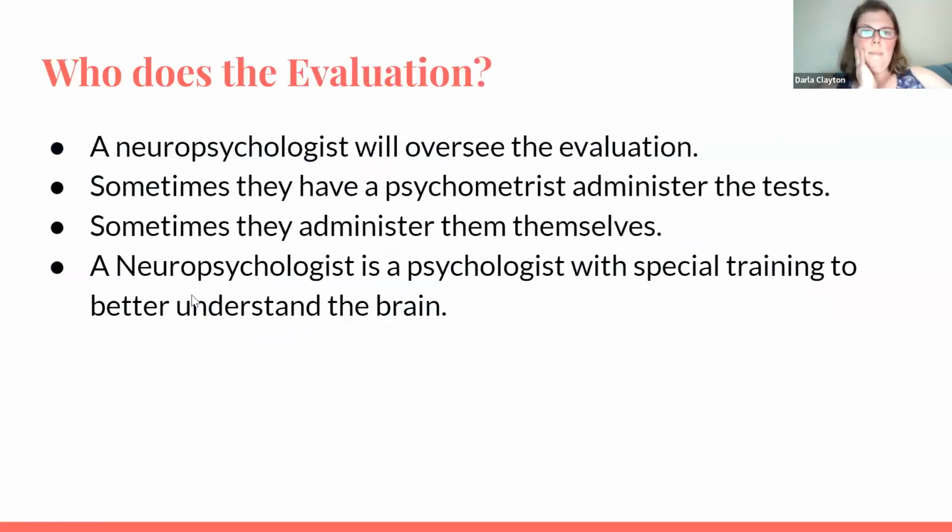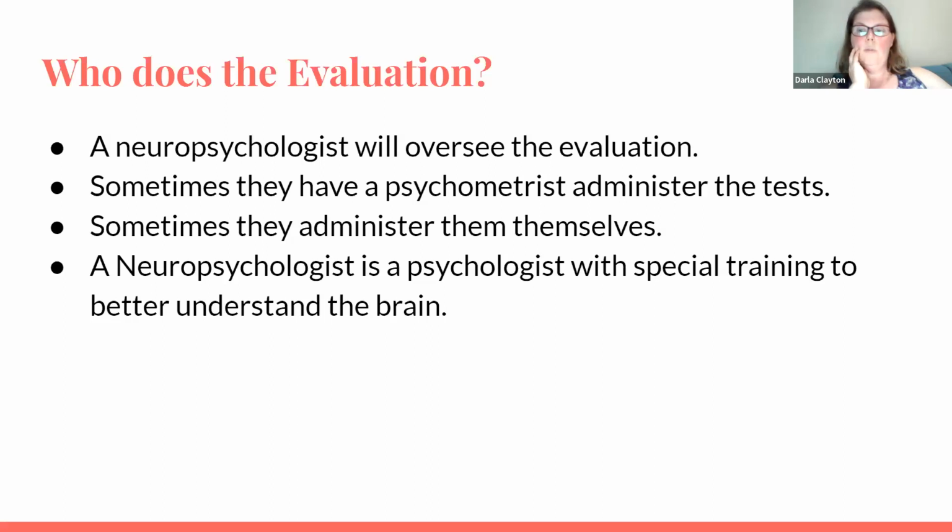So who does this? I mentioned the neuropsychologist earlier, and a neuropsychologist should always oversee the evaluation, but sometimes they have a psychometrist who administers the test. A psychometrist is typically someone who doesn't have a license to practice psychology. They might have a master's degree or a bachelor's degree, and they've been trained pretty carefully in the administration of the test.